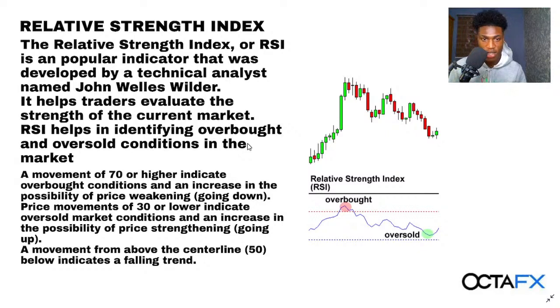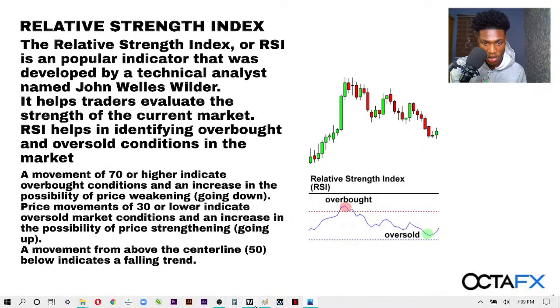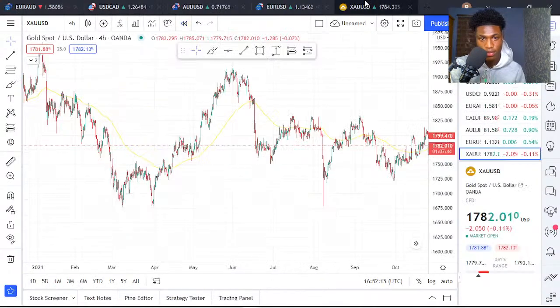A movement of 70 or higher indicates overbought conditions, and an increase in the possibility of price going down. Price movements around 30 or lower indicate oversold market conditions, and an increase in the possibility of price strengthening or going up. Let me quickly put up a chart.